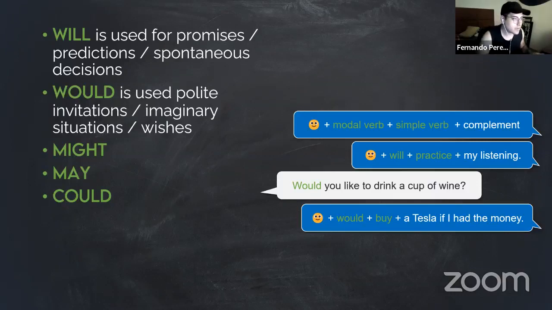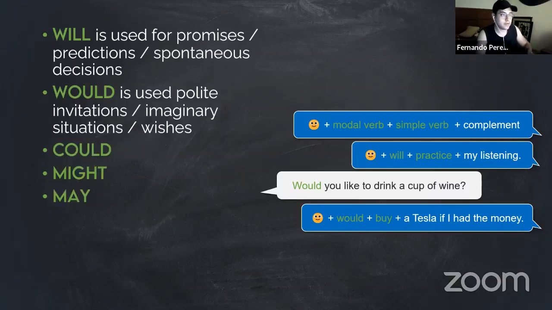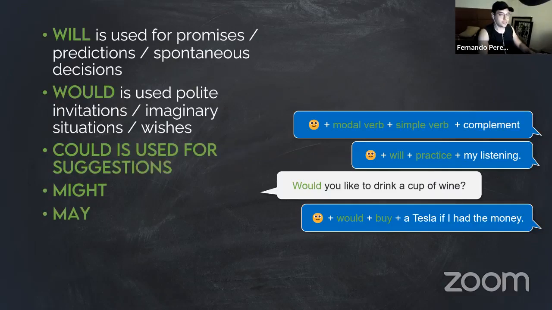Let me move the word could, and let's put it together. The word could is used very similarly to would when you are talking about the future. You are imagining suggestions.